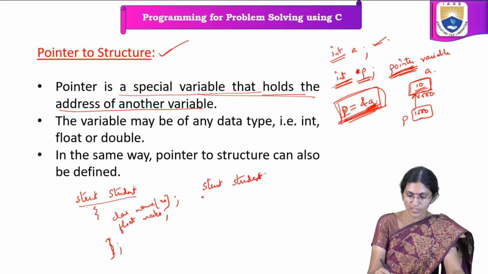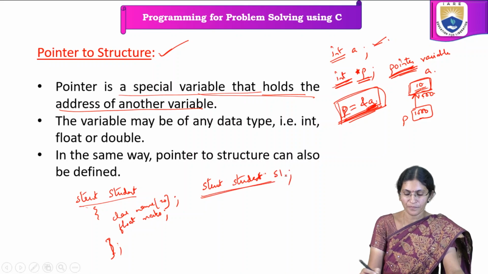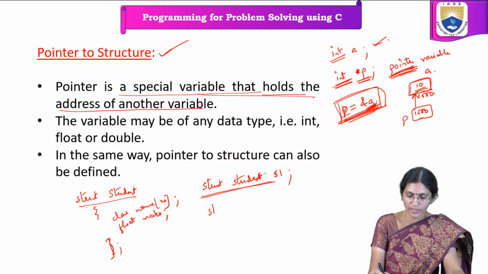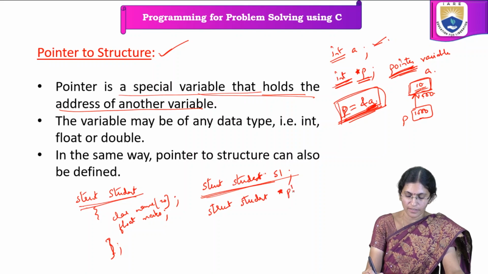First we have to declare the variable. Suppose we declare a variable s1 of the type struct student. This is how we declare a variable for the data type struct student. To declare a pointer variable, we write struct student star ptr.